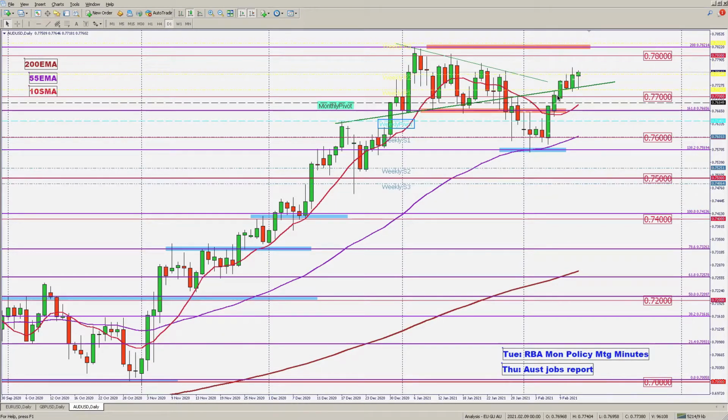So the Aussie is also holding above a support now, above this previous lower trend line of a triangle, and looks towards testing the 78 area and attempting to reach the 200-Fib extension.